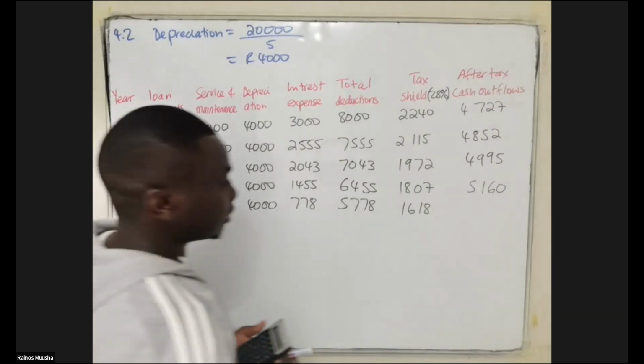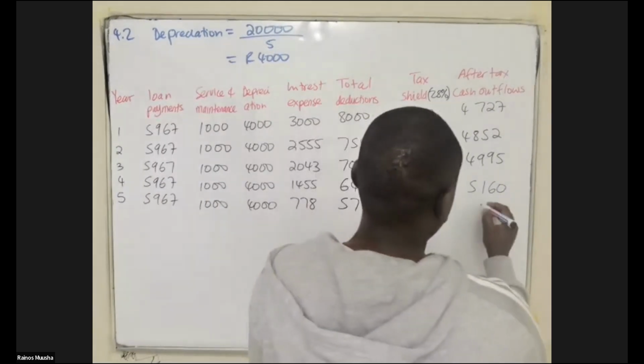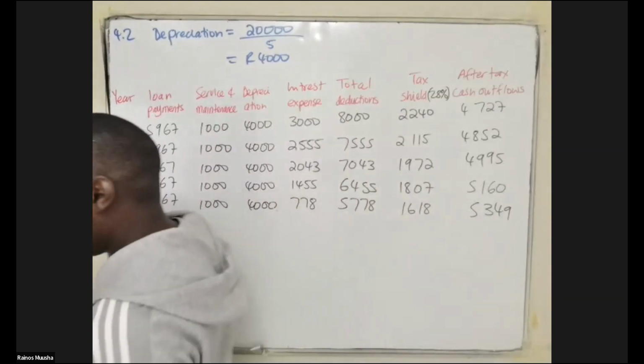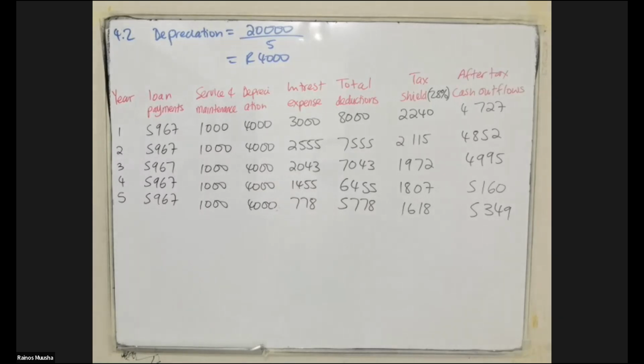And this gives us an after-tax cash outflow of 5,349. Are we getting the same amounts? Any questions? Anyone lost?